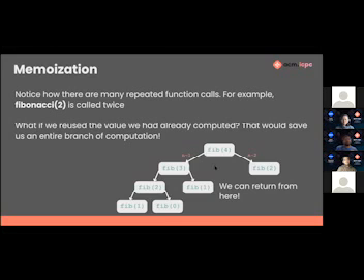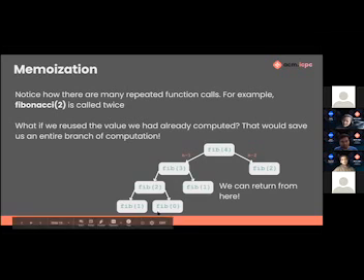Okay, so one way to do it would be to have some sort of global data structure where we just store the Fibonacci for every value that we've computed before, and this is called memoization. So what that would do is the first time we calculate the Fibonacci of 4, we evaluate 0, 1, 2, and 3.